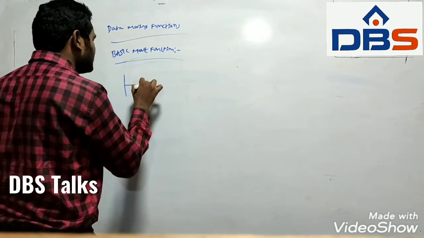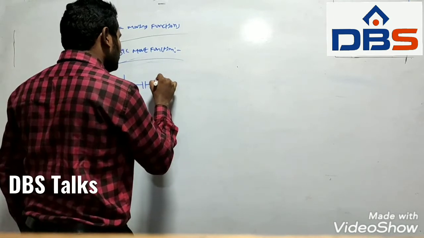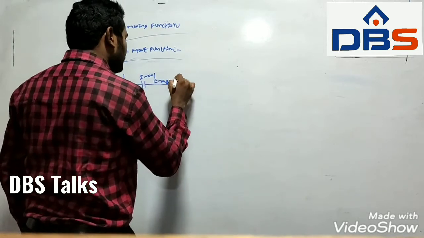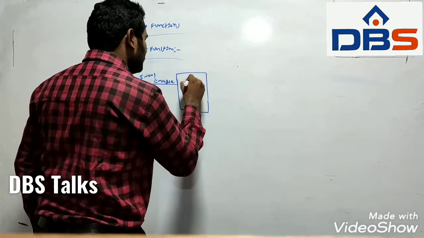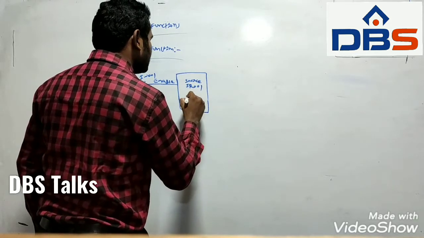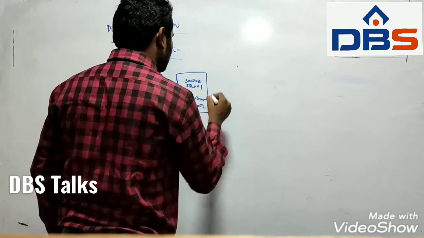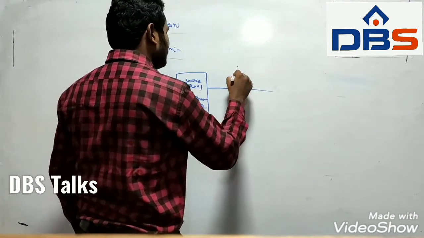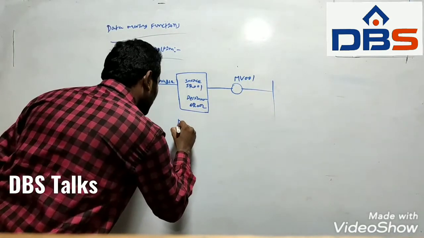I am taking one enable line, put it as input 001, and one functional block. It consists of source register value, write this as IR001, and destination register, that is OR002. Here I am having one functional coil, that is move function, MV001. So this is the block format for basic move function.